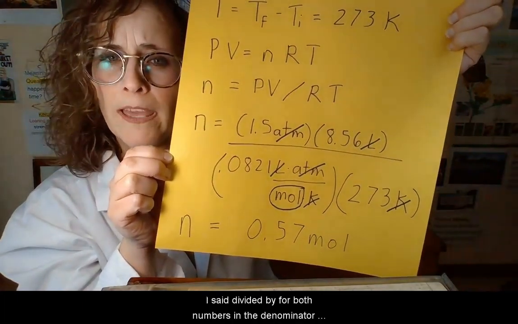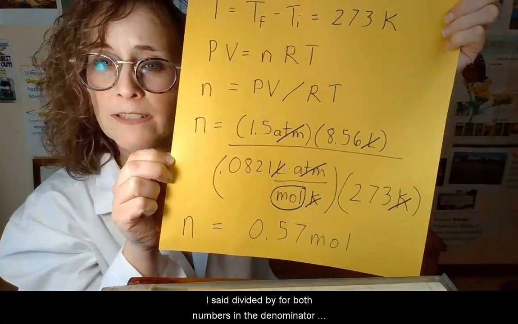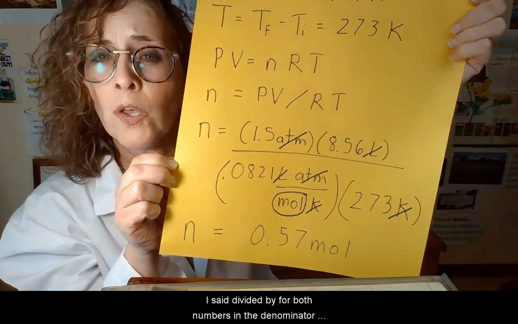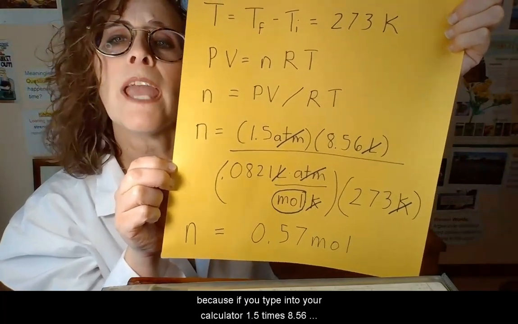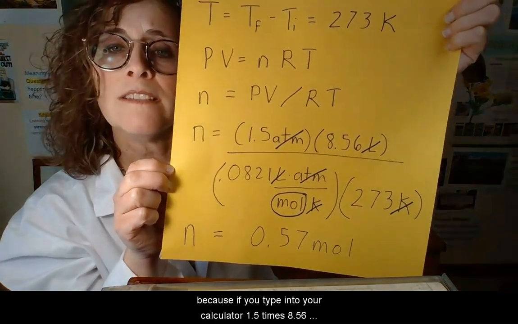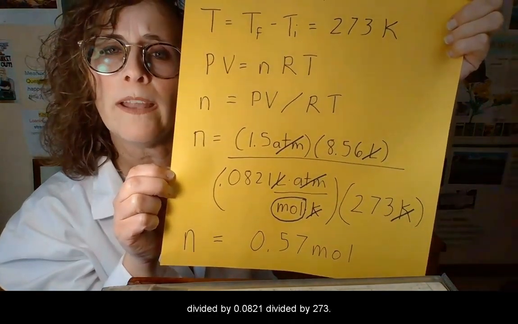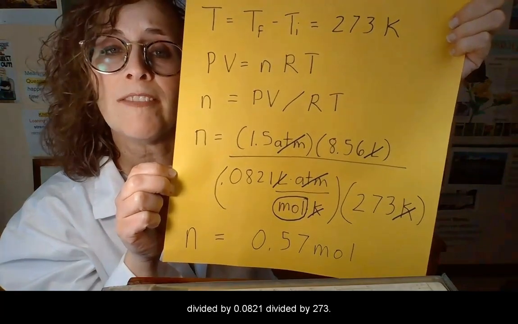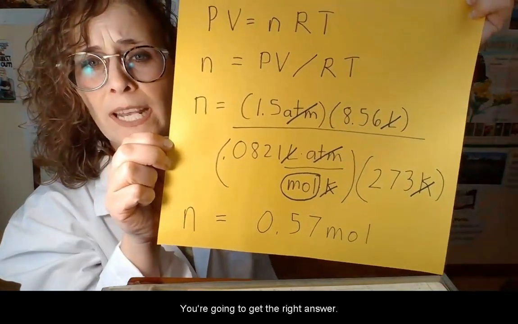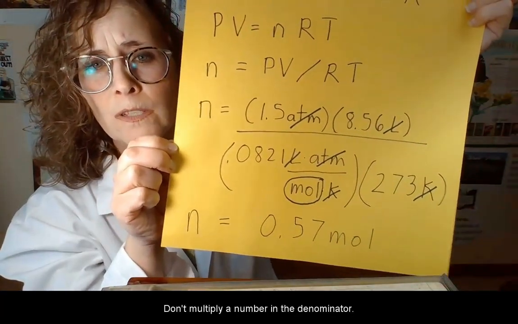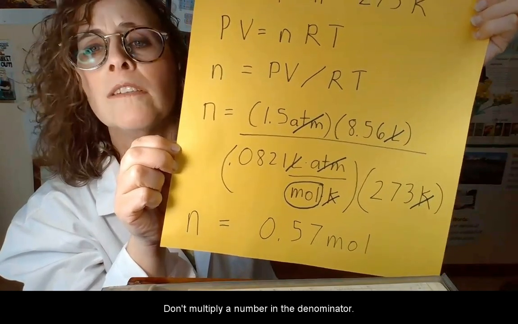I said divided by for both numbers in the denominator because if you type into your calculator 1.5 times 8.56 divided by 0.0821 divided by 273, you're going to get the right answer. Don't multiply a number in the denominator.